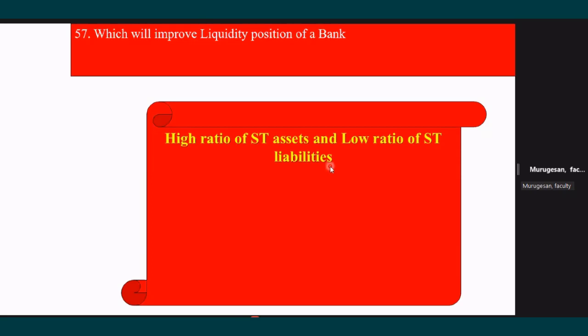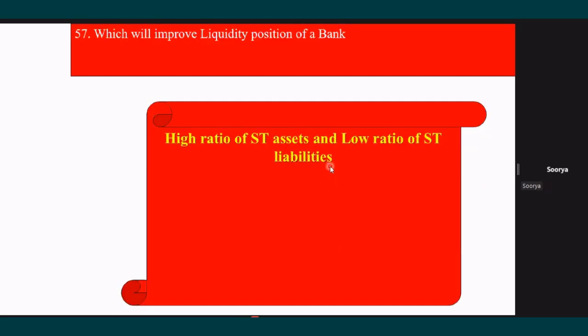How many of you agree? How many of you disagree? Agree, sir. High ratio of ST assets, low ratio of ST liability. That's the answer. They may give so many options, but pick up this option. Agreed, boss?